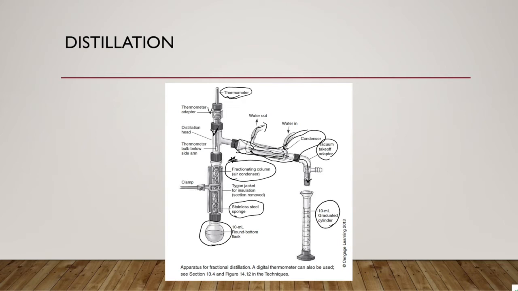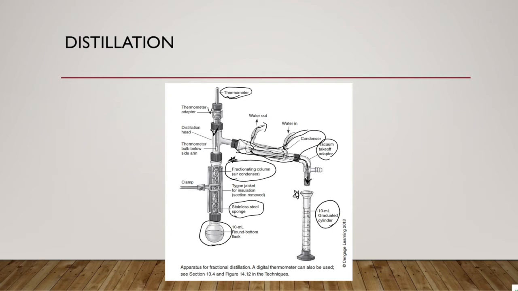So once the vapor escapes from the fractionating column, it will get into this condenser, and since cold water is running, these vapors will condense, and their physical state changes from gas to liquid, and that's where the liquid comes down and we can collect it.